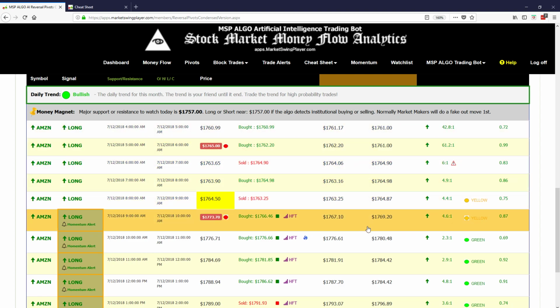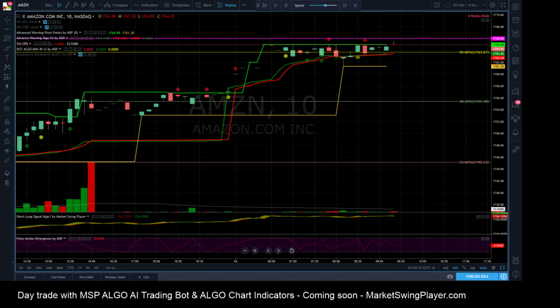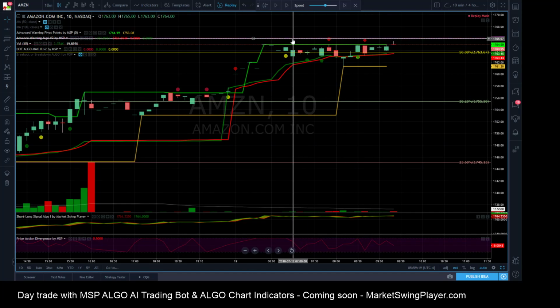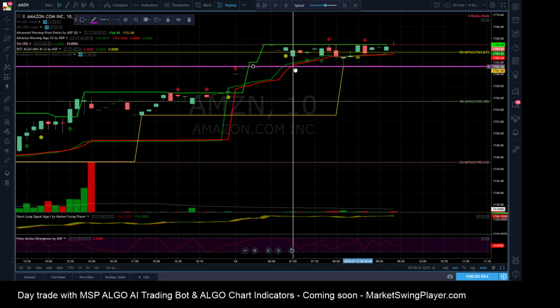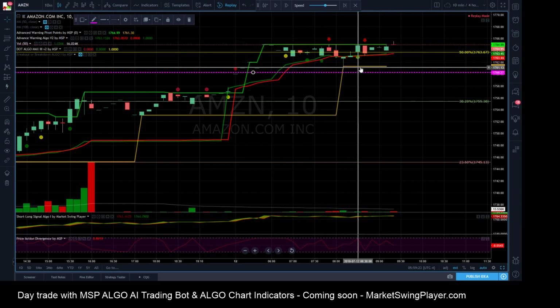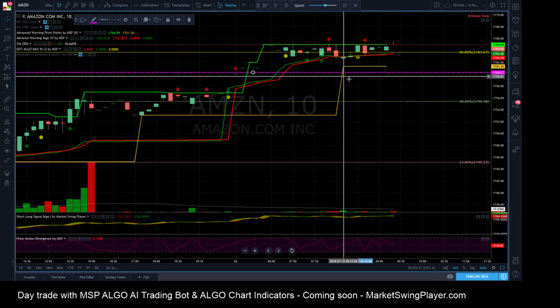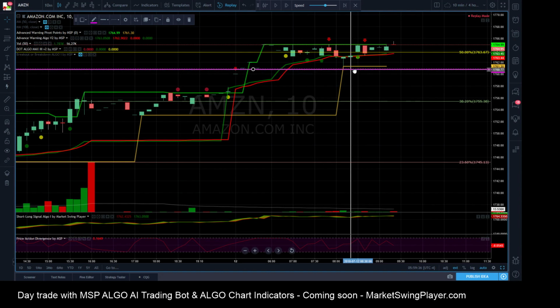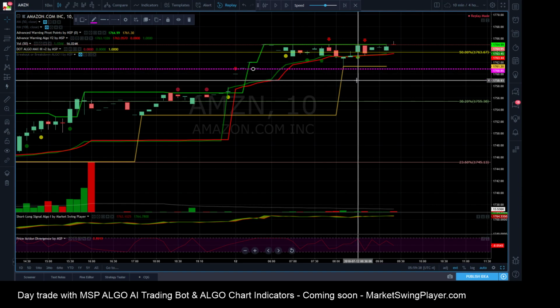It looks like about 1761, 1762. And we could also see that the MSP pivot point algos detected them here at 1761. So we know these are our guys, our traders that we follow right there.